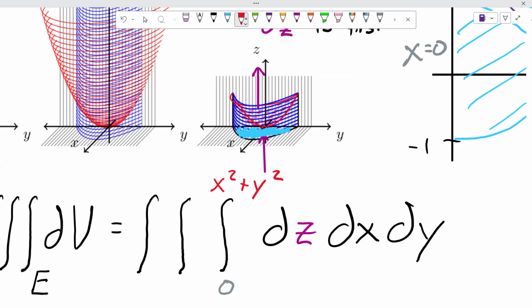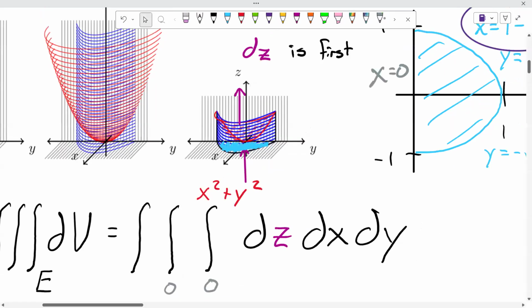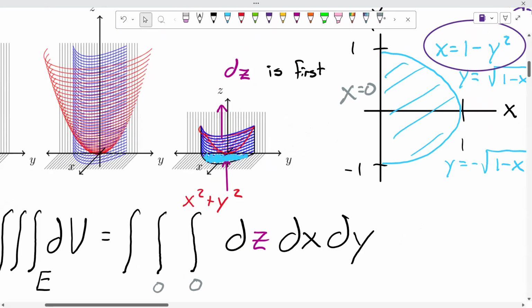Then when we did x second, our left boundary was x equals 0, just the y-axis, and our right boundary was the blue paraboloid, 1 minus y squared. And what's our last step?